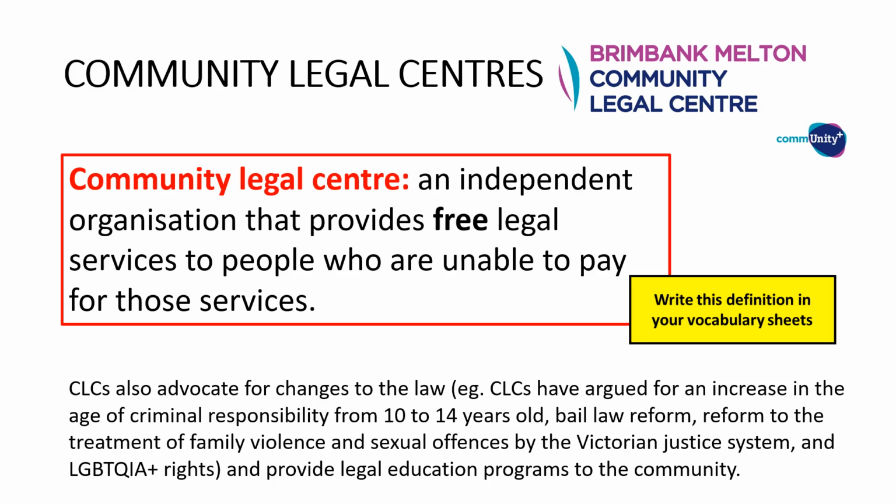They have also advocated for less strict bail laws so that more people are released on bail rather than being held on remand, for changes to the treatment of family violence and sexual offences by the Victorian justice system so as to better address the needs of the victims of these offences, and for laws that better protect the rights of LGBTQIA+ people. In addition, like Victoria Legal Aid, community legal centres provide legal education programs to the community.